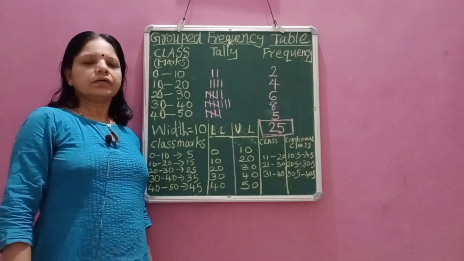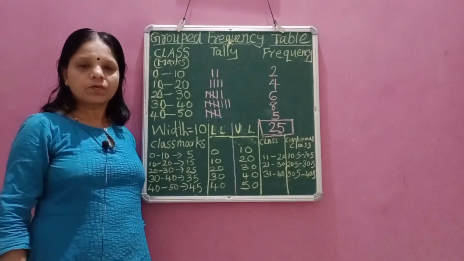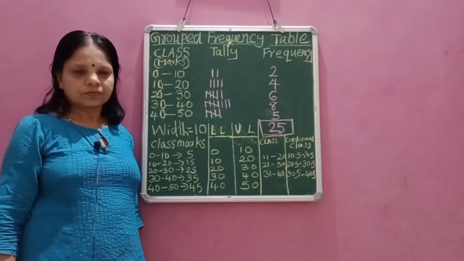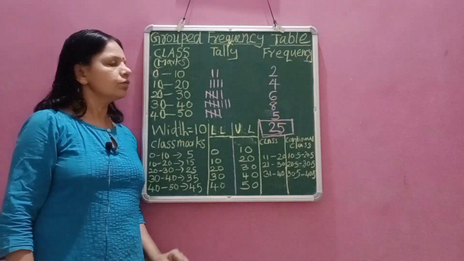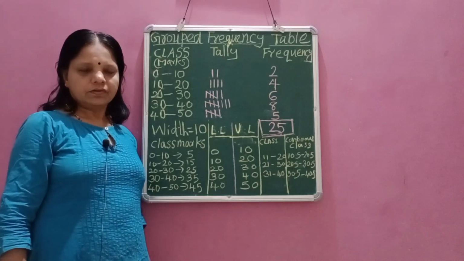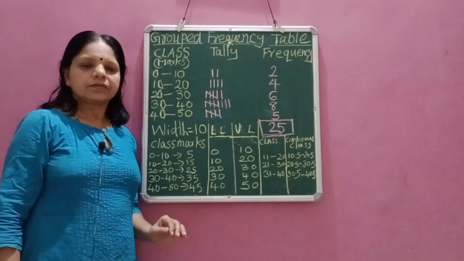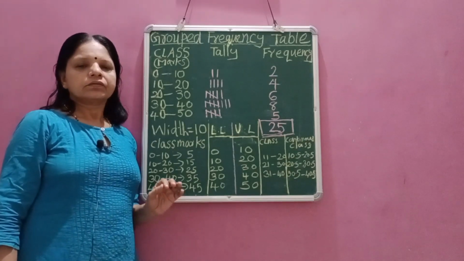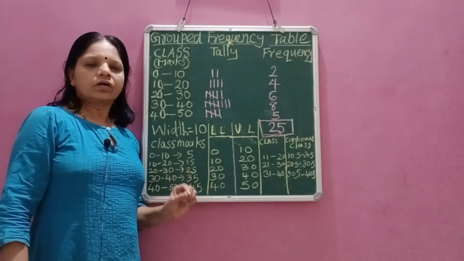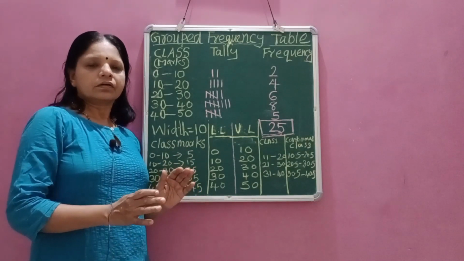So if the number of scores is too large, it is not possible to show all the scores in the first column. So we classify them into convenient groups called classes, and put tally marks for the scores which occur in the particular class.